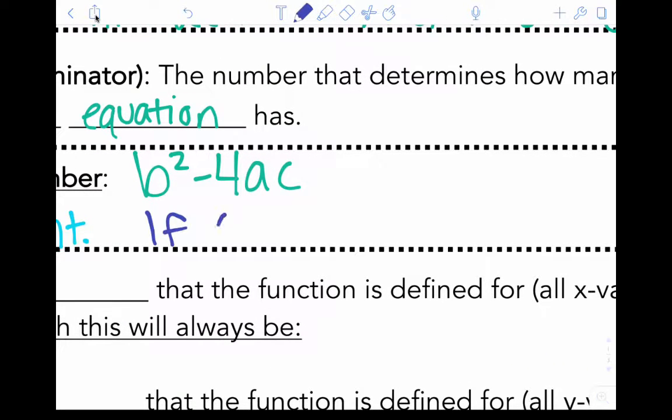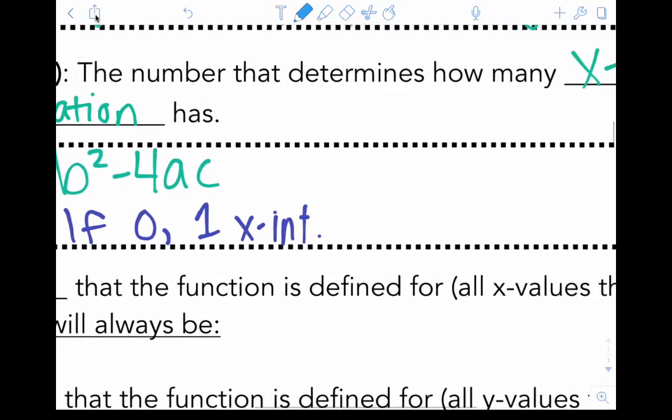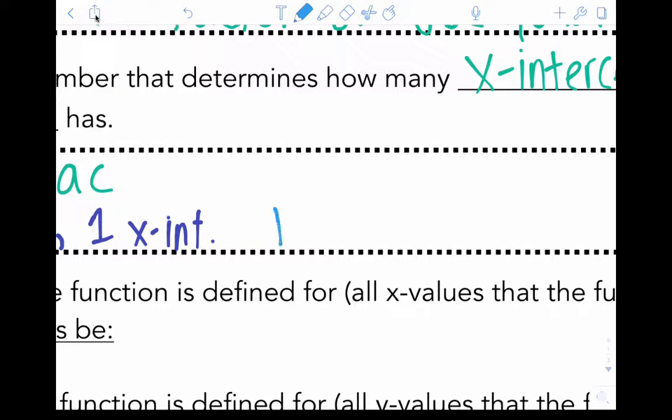If it was 0, then there was 1 x-intercept. And if it was positive, there were 2 x-intercepts.